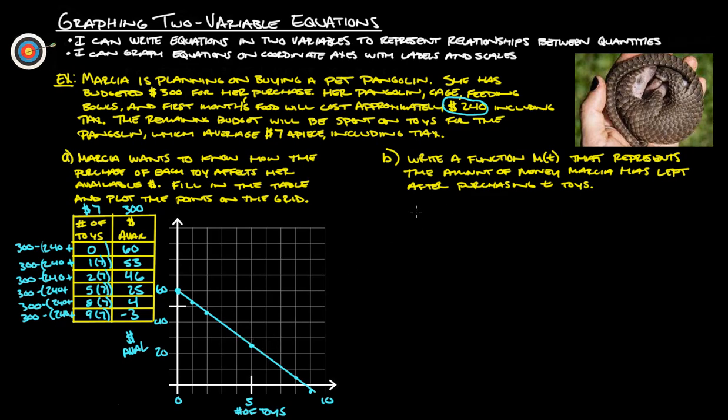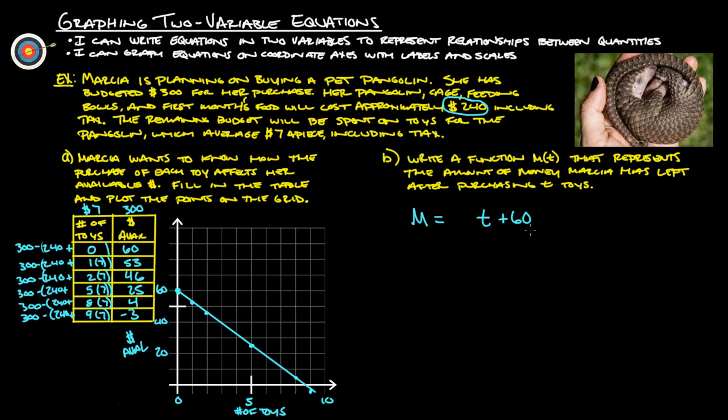So write a function m of t, the money that she has left according to how many toys she's bought. Okay, so we got m is going to equal some slope here times t, and then plus or minus whatever our y-intercept is. In this case here, we're starting at 60, so our y-intercept's 60.